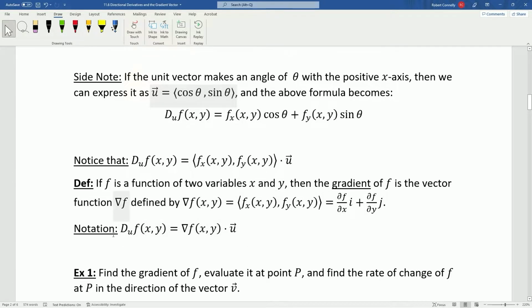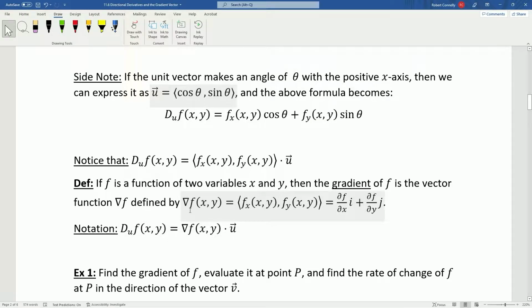So in summary, if we keep this definition of the gradient vector in mind, we can denote our directional derivative as the dot product of the gradient vector of f with the unit directional vector.